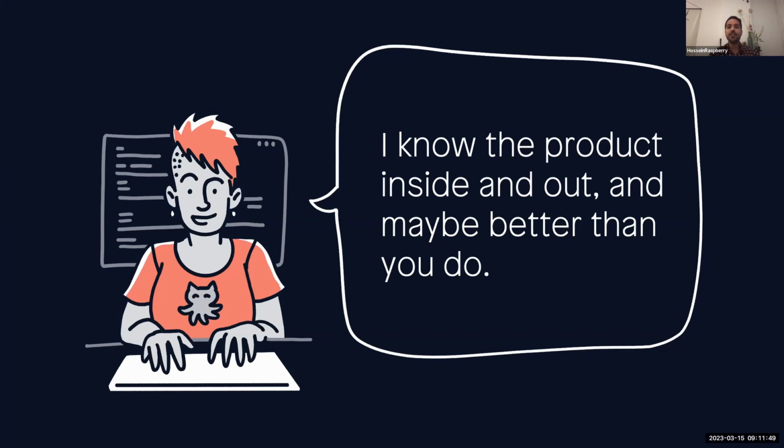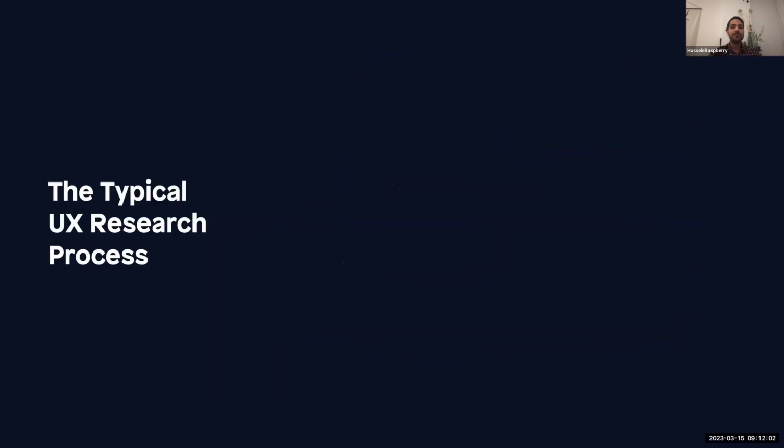So I started learning domain-specific concepts. I started taking bootcamp trainings, and the more of those courses I took, the more I understood. But I was still overwhelmed, and here's why. Just think about how you would explain the typical UX research process.